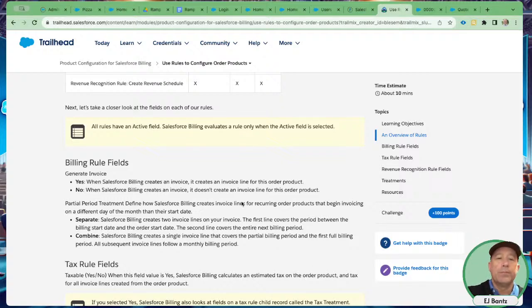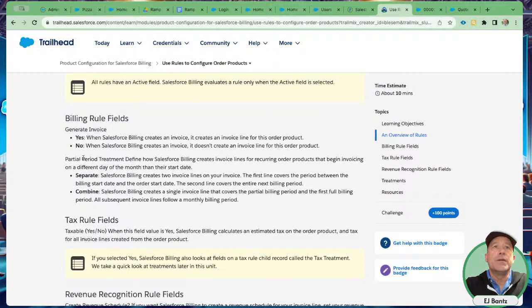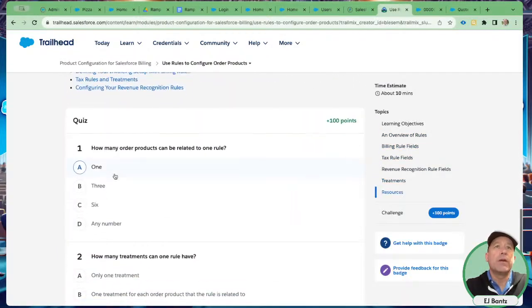All right, I'll just continue through. All right, so we got to create the rules. So there's different types of rules you can create.